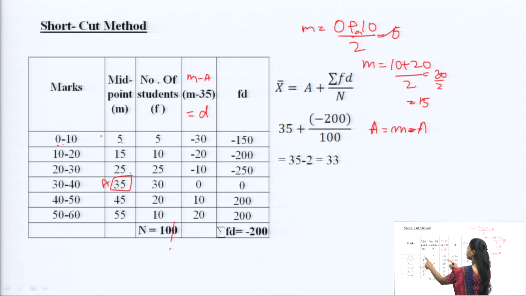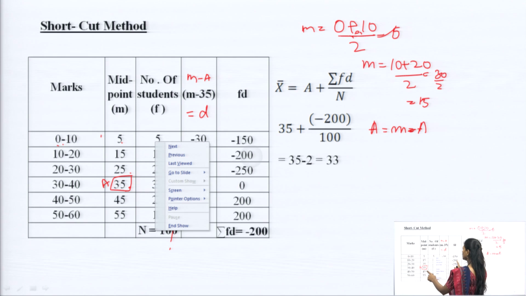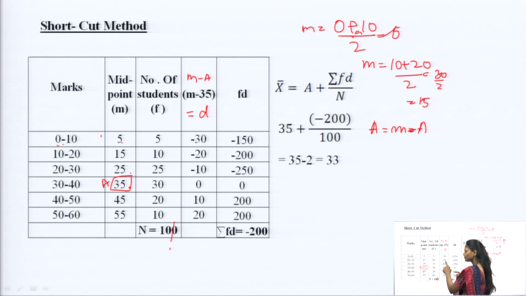So, 5 minus 35 gives me minus 30, 15 minus 35 gives me minus 20, 25 minus 35 gives me minus 10, 35 minus 35 gives me 0, 45 minus 35 gives me 10, 55 minus 35 gives me 20.